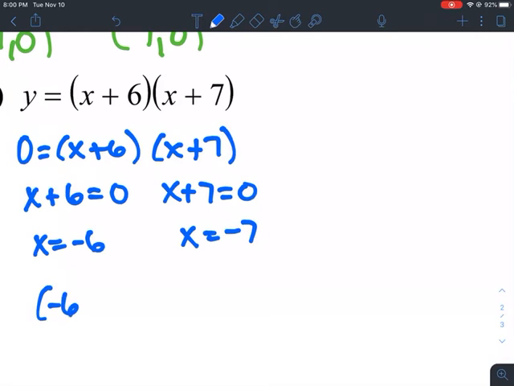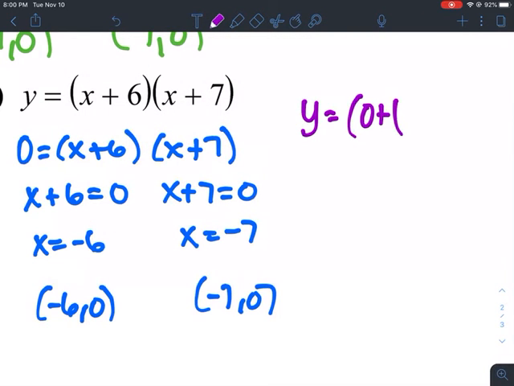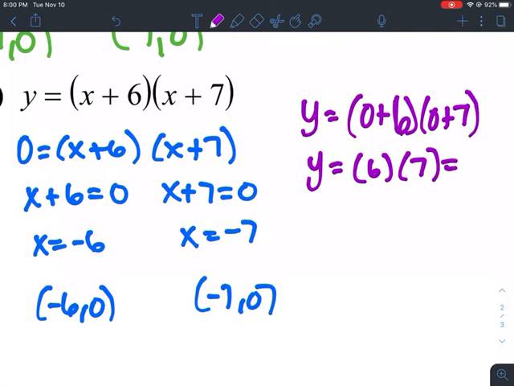So it touches the x-axis at the points -6, 0, and -7, 0. For the y, plug in 0 for x. And I get 6 times 7, which is 42. So it touches the y-axis at the point 0, 42.